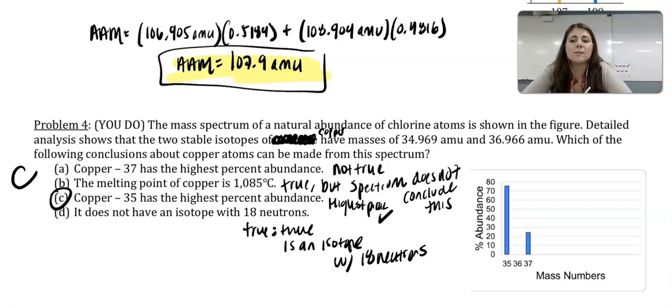So if that answer choice said, it does have an isotope with 18 neutrons, then that would also be our answer. But here it says it does not. So the statement itself is not true because there is an isotope with 18 neutrons. So C would be our answer.